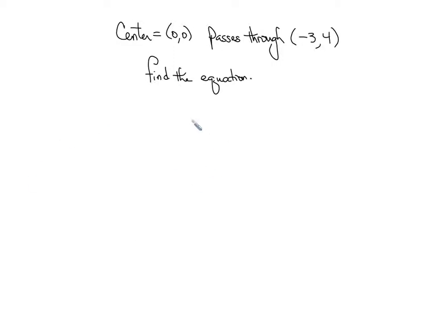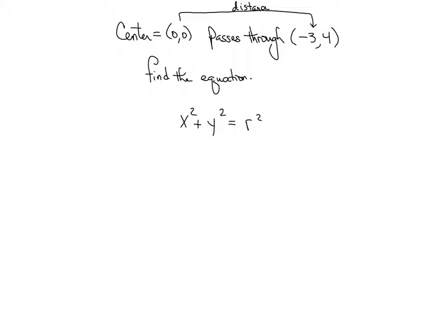Well, from the 0, 0, we know it's going to be x squared plus y squared equals r squared. The problem is they didn't tell us the radius, did they? But we can find the radius because the radius is the distance from the center to any point that's on the circle. So we can use our distance formula, which is why it was in section 9.1, to find this distance, and that's the radius, and then we plug that in for r and square it.